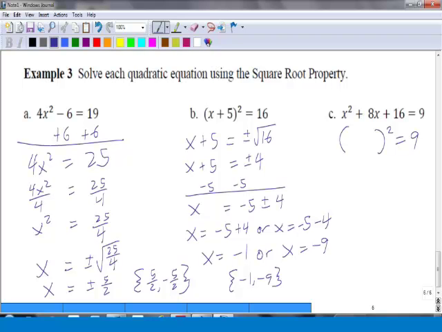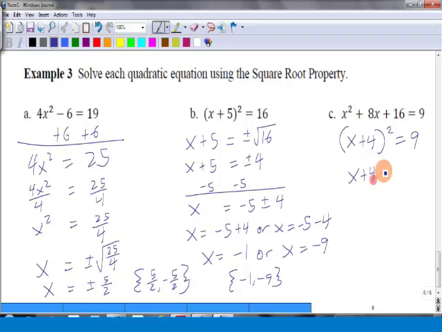We have to construct our own perfect square trinomials in the method of completing the square. But it is. It's the square of what binomial? X plus 4. If you take x plus 4 and square it, you get x squared plus 8x plus 16. So in this equation, if you take x plus 4 and square it, for the right values of x, you get 9. So what are those values of x?